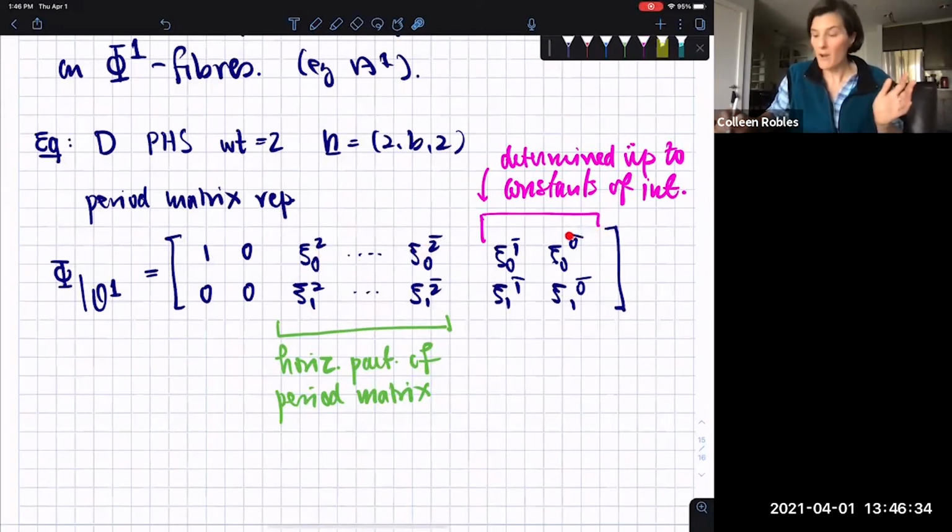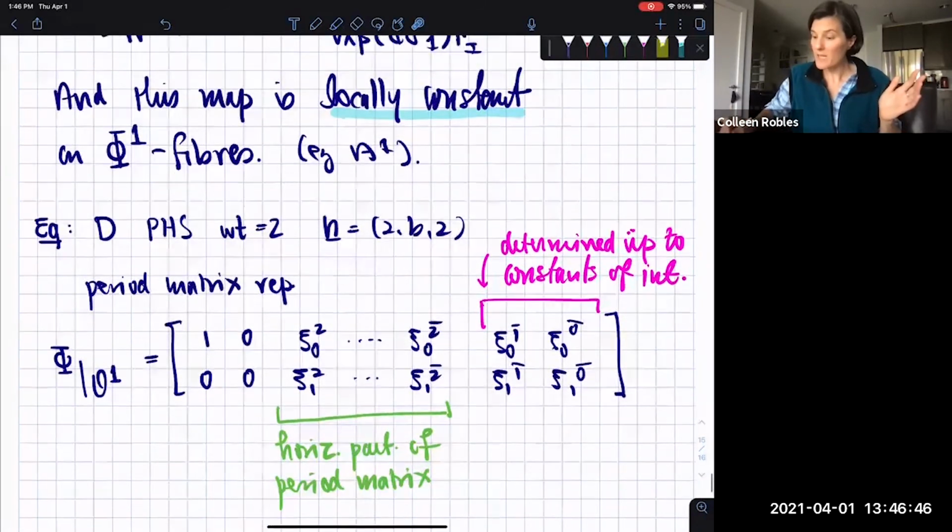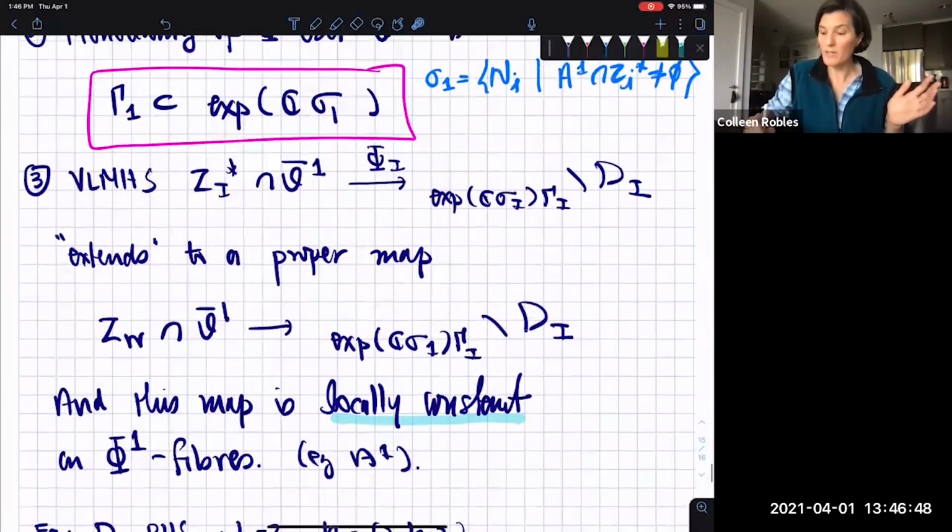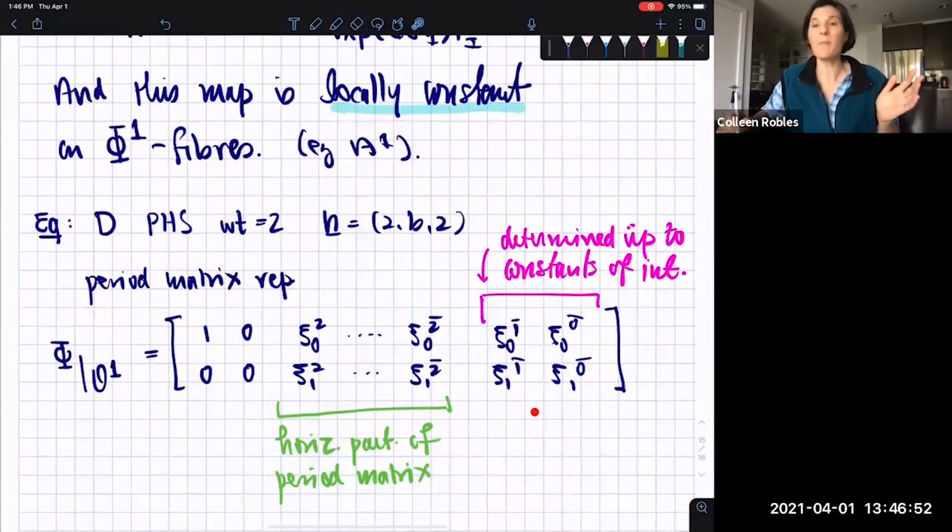Okay, now, so right now it looks like I have a bunch of functions on this neighborhood. Each coordinate is a function. But the functions are only defined up to the action of the monodromy. But this monodromy that we're dealing with is very simple. Now, it's kind of a mess on the non-horizontal part, but again, I don't have to care about that because of the infinitesimal period relation, so I'm going to ignore it.